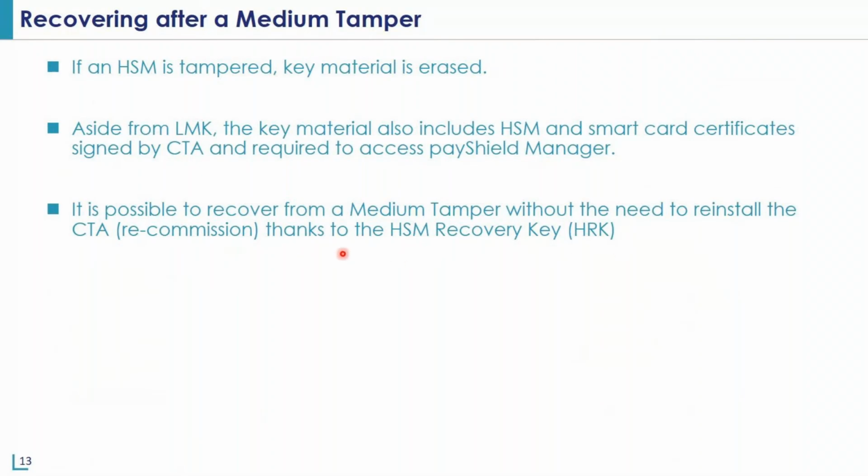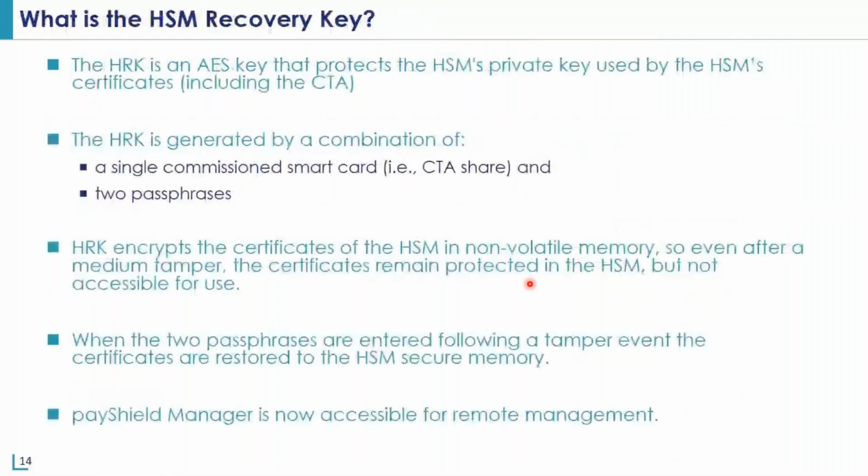With the help of HRK, whenever a medium tamper occurs, you will have a passphrase. There are two passphrases which will again be with two separate key custodians, custodian number one and custodian number two. Whenever a medium tamper occurs, you go to the data center, you start the recovery from the console using the console command, and you provide these passphrases.